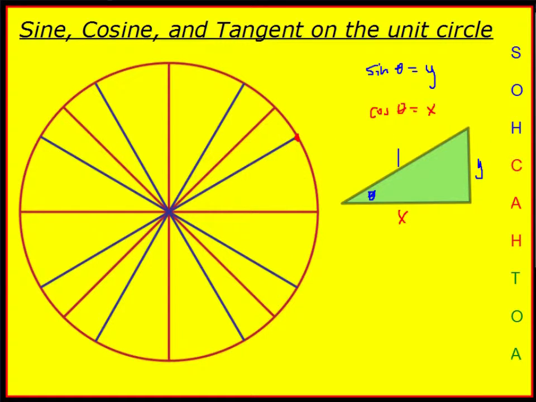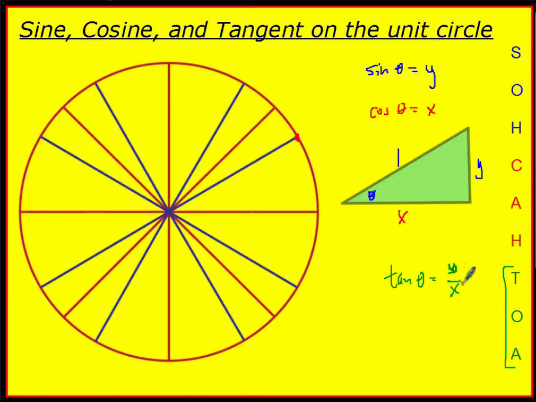But one last item is to take a look at the tangent values of these angles. Tangent is the opposite over adjacent. The opposite side is the y, the adjacent side is the x. So tangent of theta equals opposite, which is y, divided by x. Y over x.